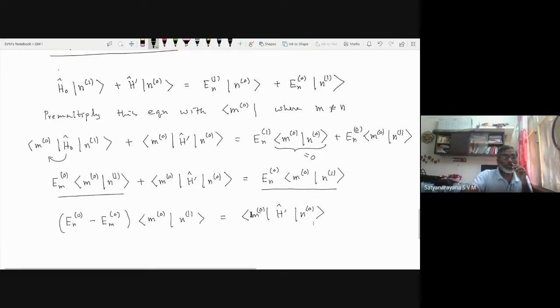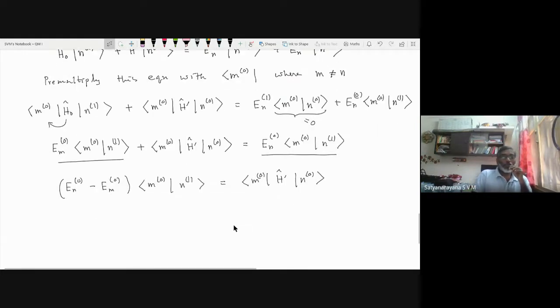Or in other words, m0 n1 is equal to m0 h prime n0 divided by en0 minus em0.